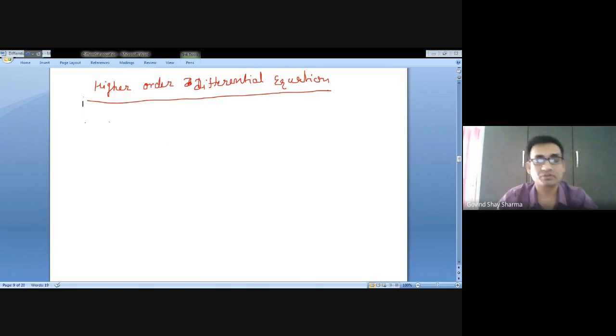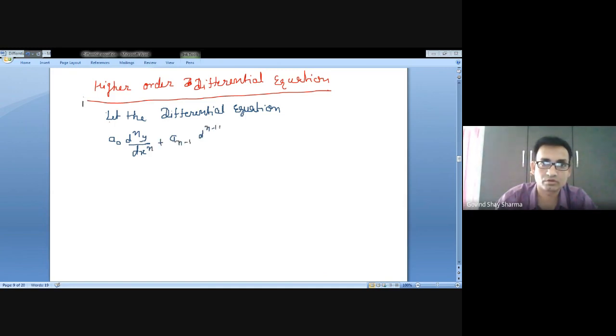So the differential equation of higher order, let the differential equation be a0 d^n y/dx^n plus a1 d^(n-1) y/dx^(n-1) and so on. This type of differential equation is called higher order differential equation.